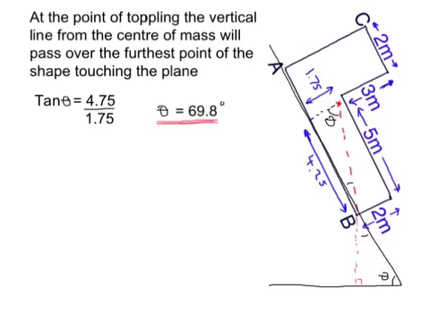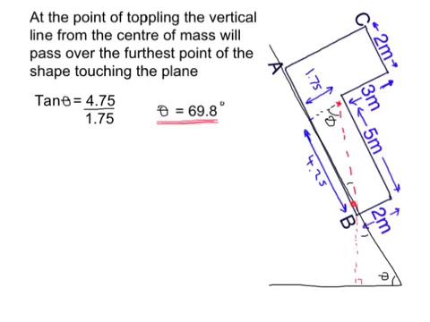Because of issues in transferring the shape, I had to use the same one, so it's going to be quite steep. I was trying to angle this to get the centre of mass directly over the point. At the point of toppling, if you take a vertical line down from the centre of mass, the second that vertical line goes outside of where the shape is touching the plane, the shape will topple. We're ignoring all the resistance in Mech 3, where you look at whether it will topple or slide, which is much more realistic.